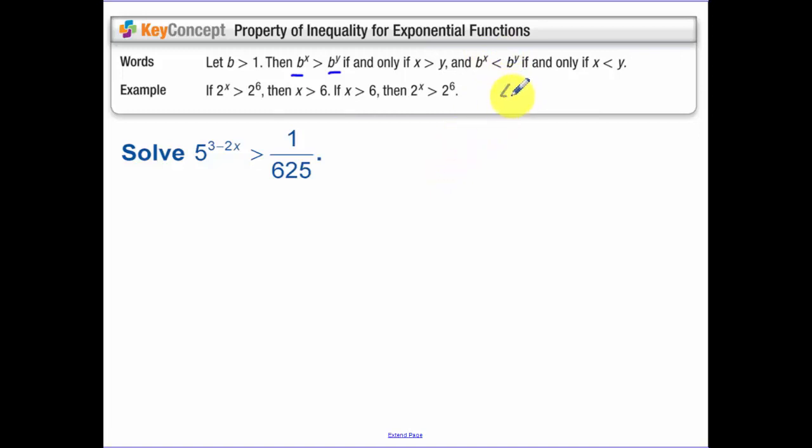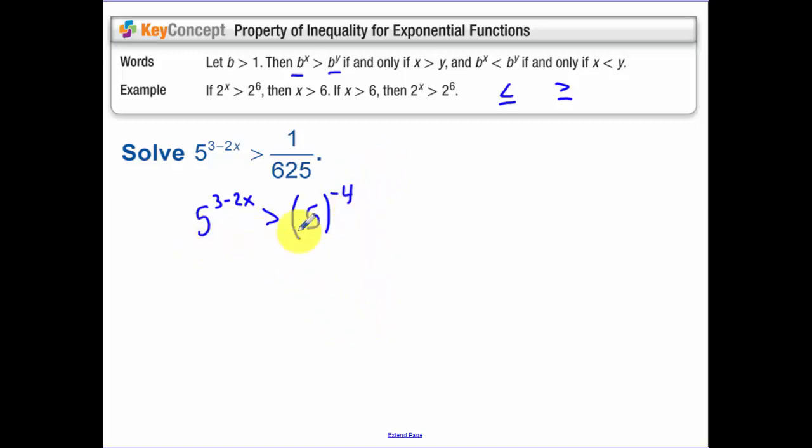And again, this holds true for less than or equal to and greater than or equal to. So let me write these two things in the same base. We have 5 to the 3 minus 2x. Write 625 in base 5. Since that's a fraction, I'm going to have a negative exponent. 5 to the 4th is 625.